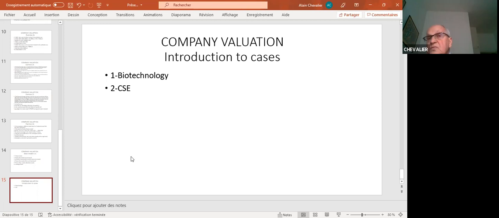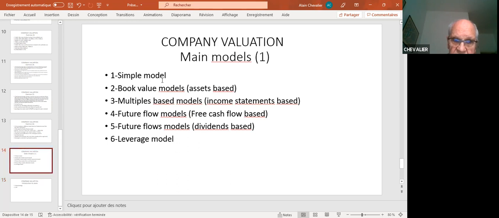So if you start with these elements, you are able to develop part of your approaches which are mentioned above. At least if I come back here: simple model, book value methods, multiple base models, future flows, dividends and free cash flows. Leverage model will be a bit more difficult. I have to bring you some more data, but you are able to do that.